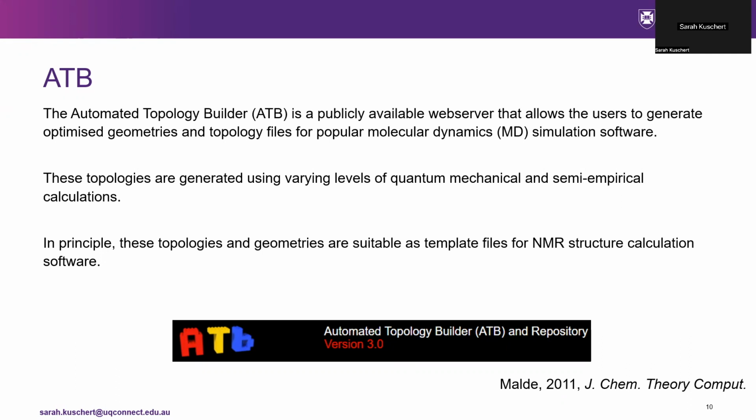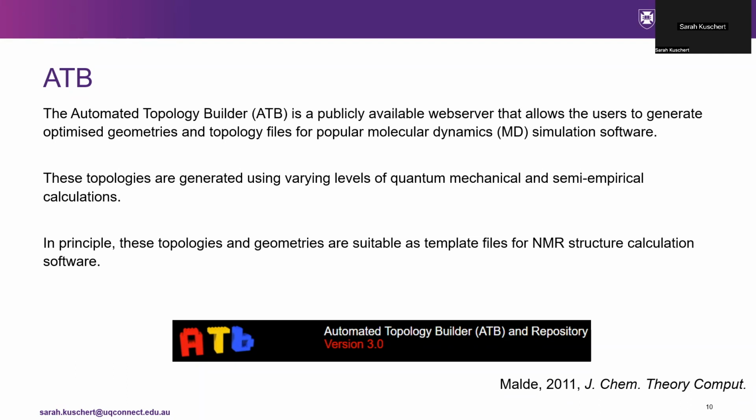These topologies are generated using various levels of quantum mechanical and semi-empirical calculations. And despite that being very out of what I'm familiar with, when we sat down with them, we did realize that these topologies and geometries are suitable as template files for NMR structural calculation software. In fact, they were already producing those CCD files that you need to run through scilib.